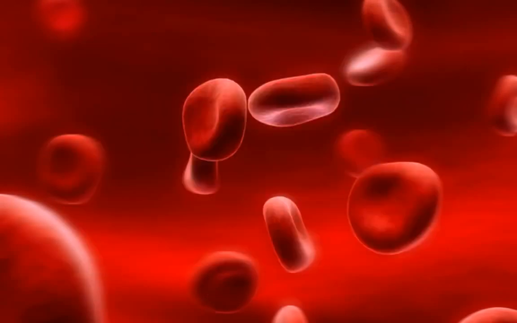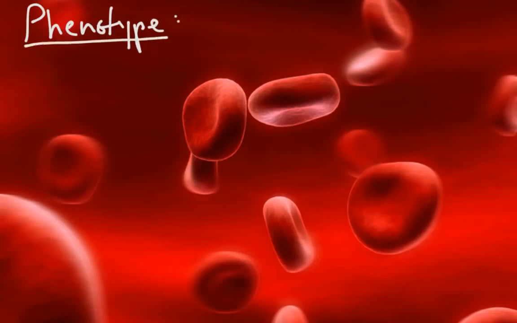So let's look really quickly at the actual genetics of these blood types. We're going to start by looking at the 4 blood types, and we're going to put the phenotypes and the genotypes. So if we want to talk about phenotype, remember a phenotype is what you look like. It's the physical expression of your genes. So for your blood, you have 4 phenotypes.